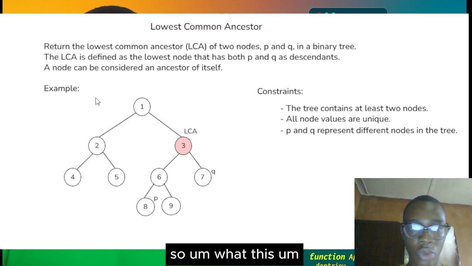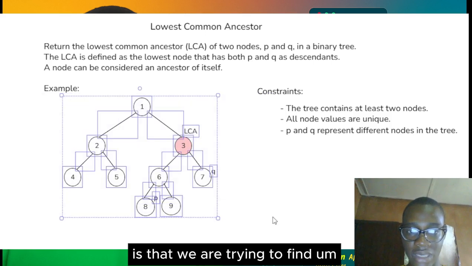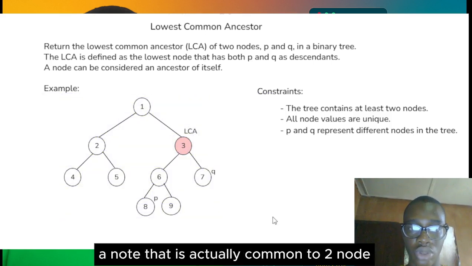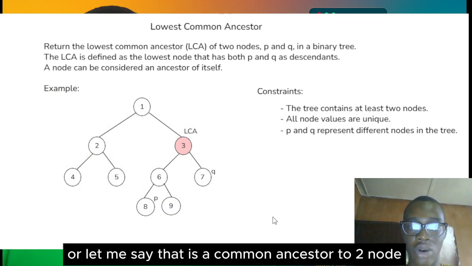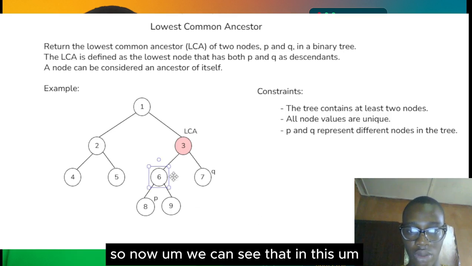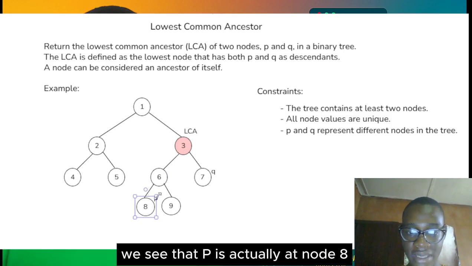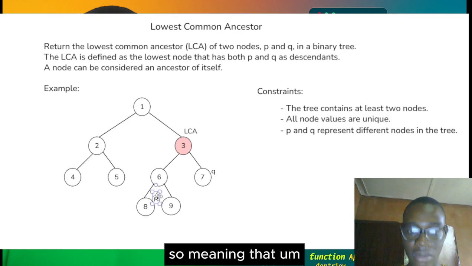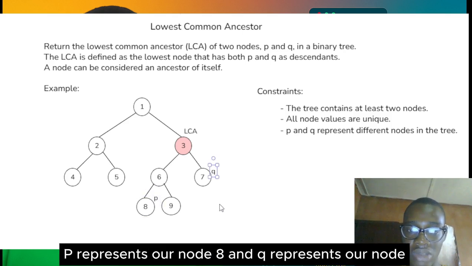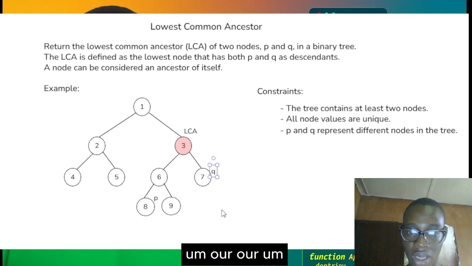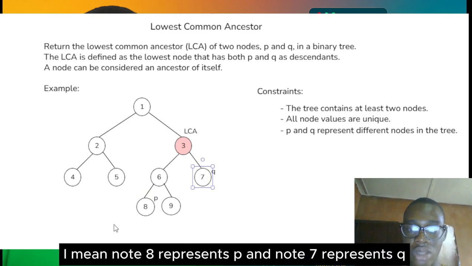So, what this problem statement is just trying to tell us is that we are trying to find a node that is a common ancestor to two nodes. In this given example binary tree, P is at node 8 and Q is at node 7.